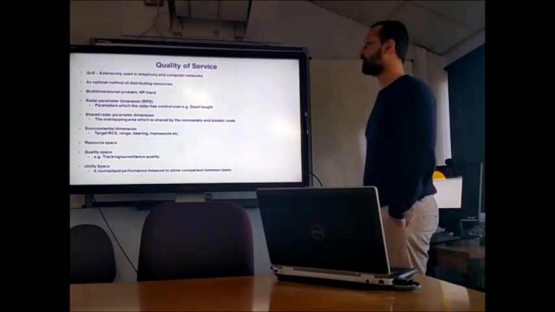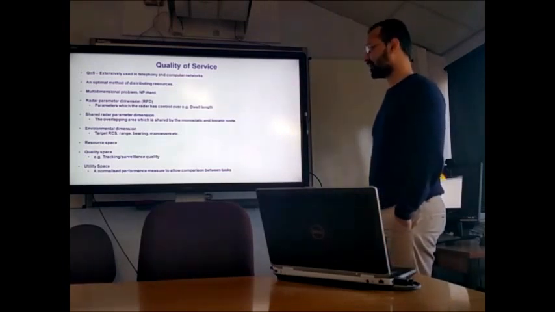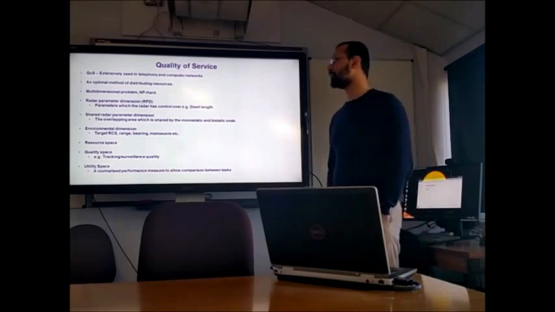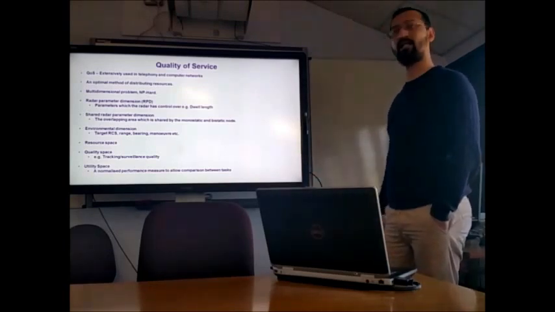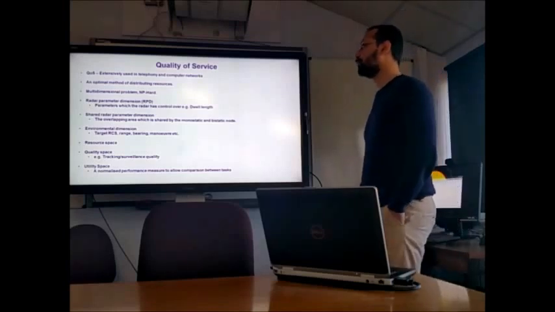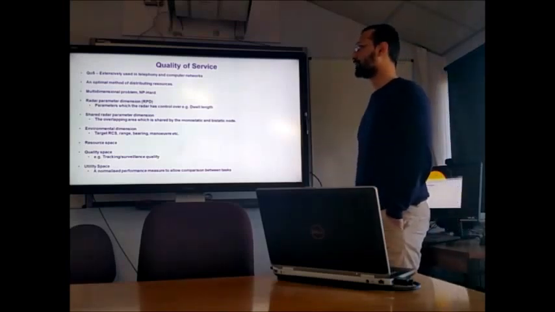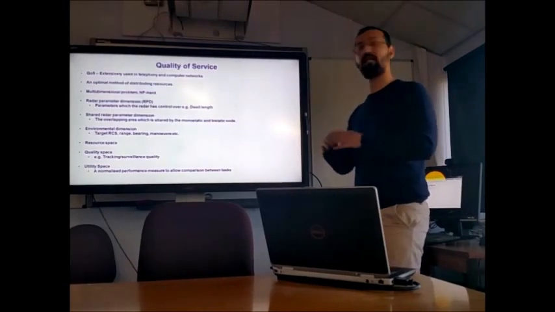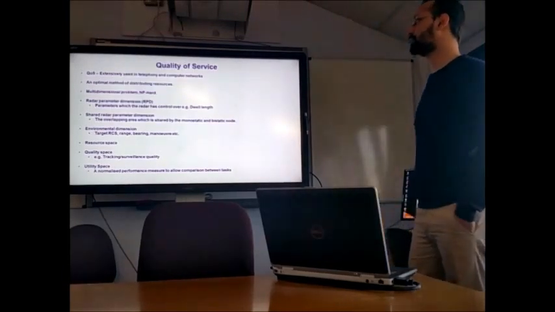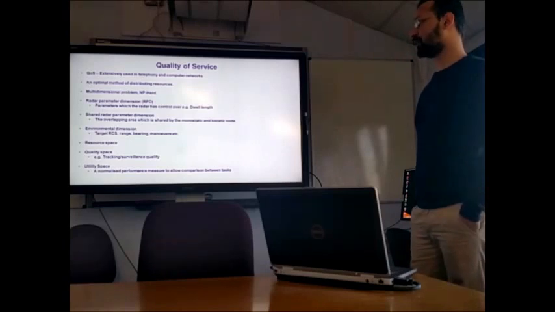So the first dimension I define is the radar parameter dimension, which is all the parameters that the radar has control over, such as dwell length, revisit interval, and the waveform. The shared parameter dimension is the dimension in which the tasks overlap in the area for both nodes. And then we have the environmental dimension.